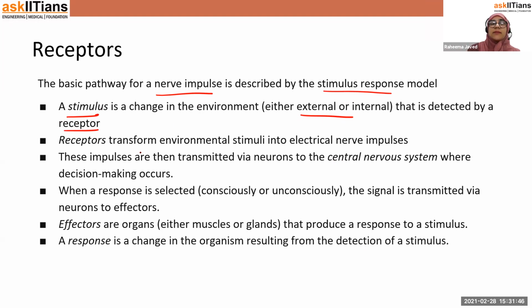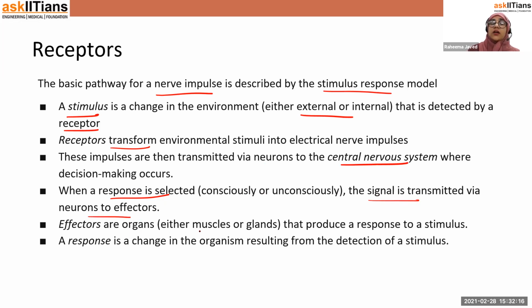Receptors help in carrying the nerve impulse to the central nervous system with the help of sensory neurons. So when the response is selected by the central nervous system, then the signal is transmitted via neurons, that are the motor neurons, to the effectors.